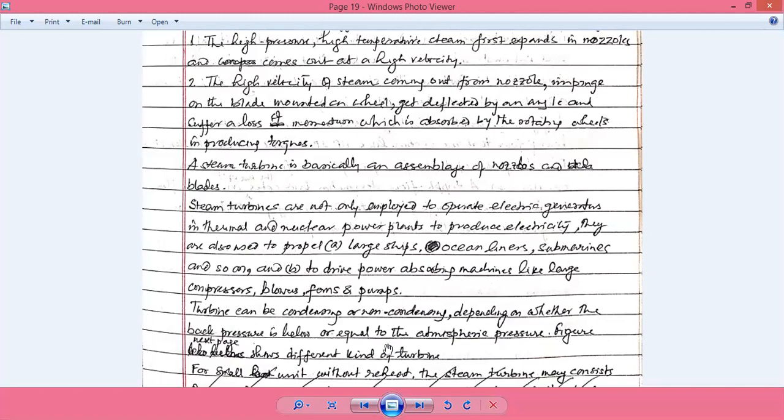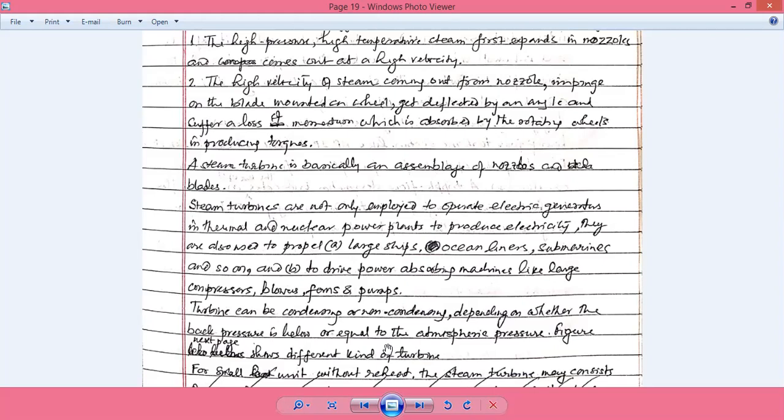They can also be used in large ships, ocean liners, submarines, and so on, where they create the rotation of the propeller of the machines by impinging steam on the blades of the turbine wheel mounted there.